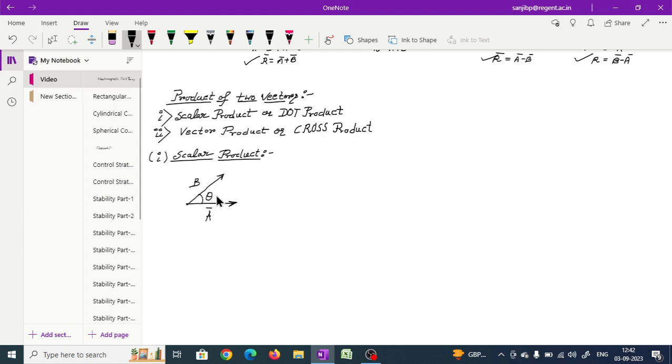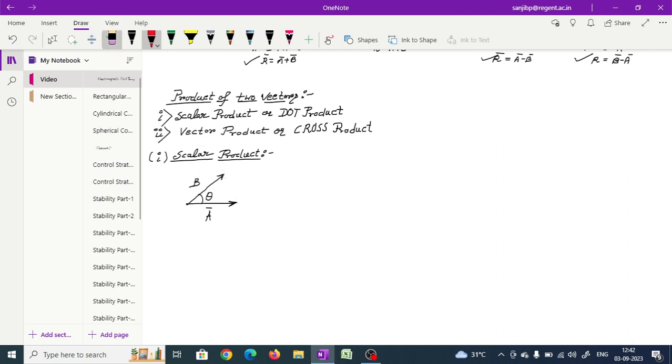This discussion is very important for your examinations, not for the derivation purpose, but the formula is very important. Follow very carefully.